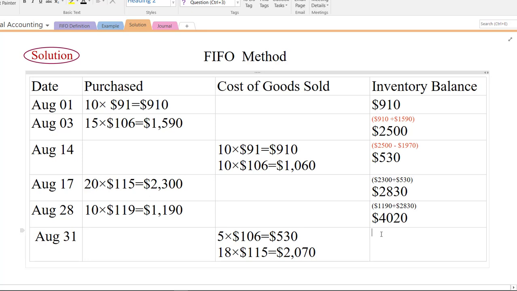I will write it as 4020 minus 2600. 4020 minus 2600, right? Now the end result is, students, 1420.